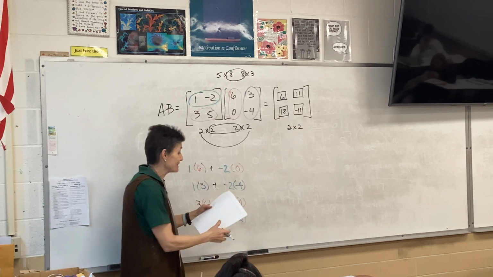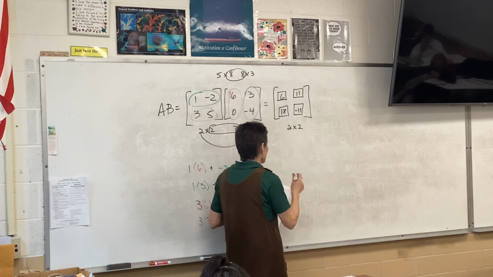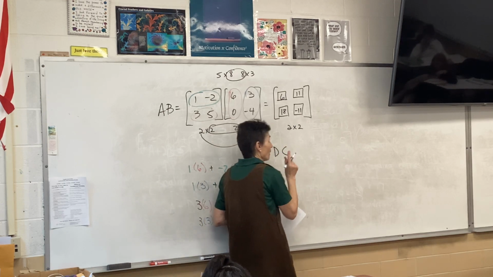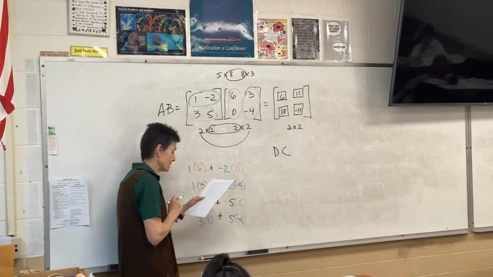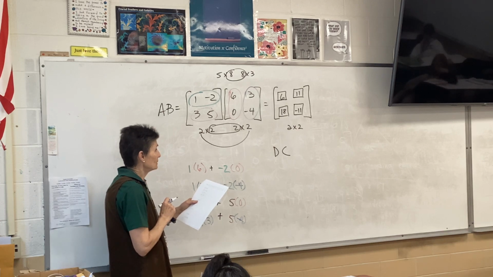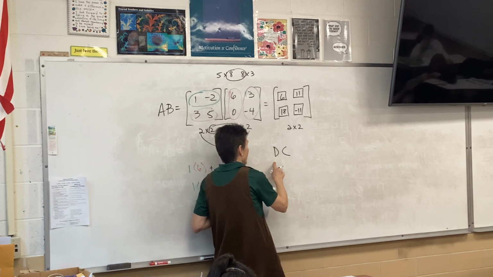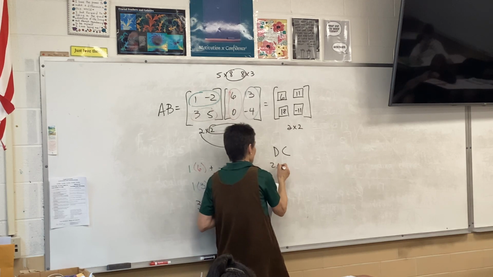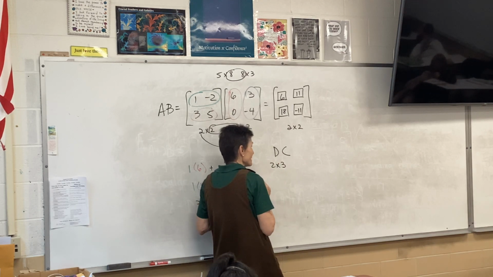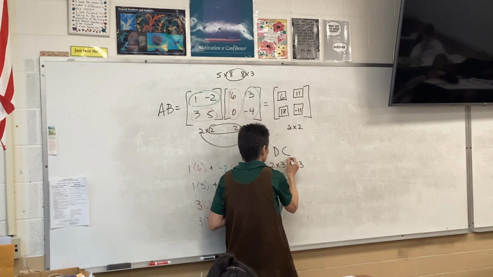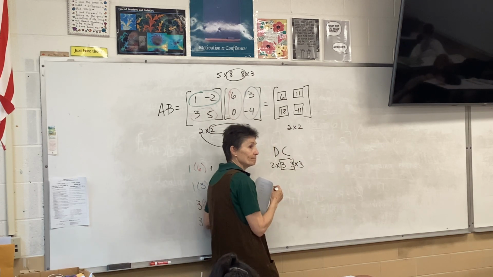So now we've got D times C. Before I write all this out, D times C, let's see if we can do it. What are the dimensions of D? 2 by 3. What are the dimensions of C? Oh boy, I can do it, right?